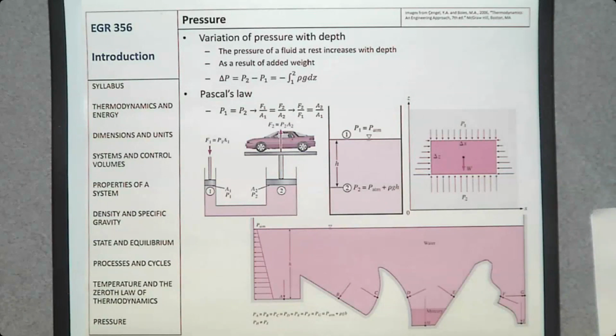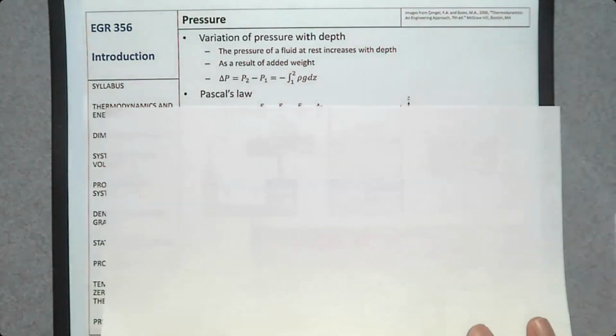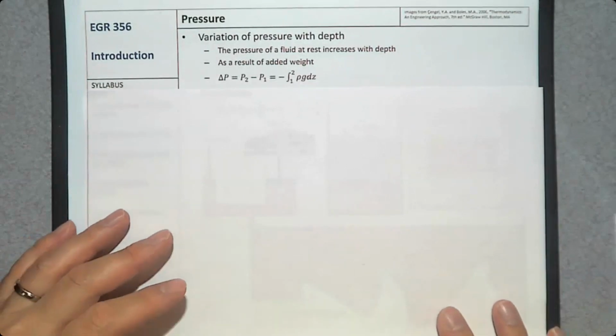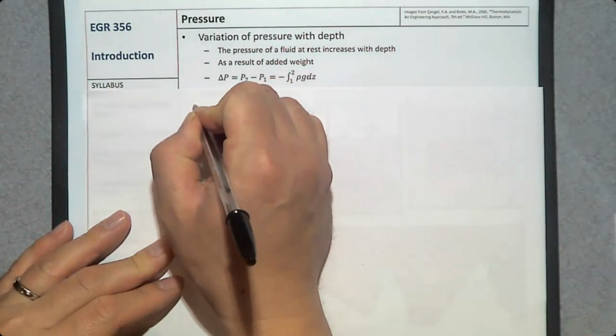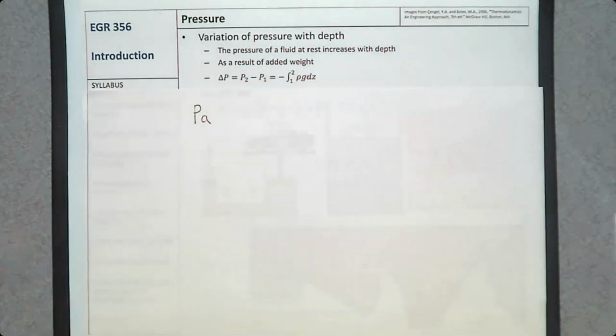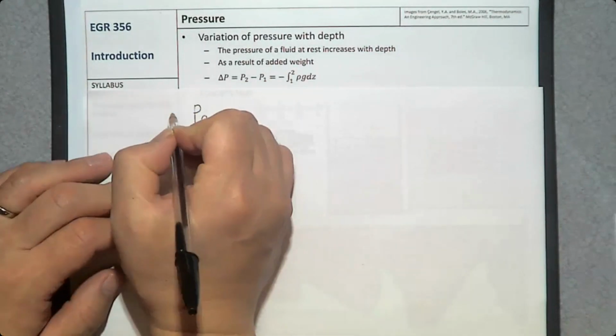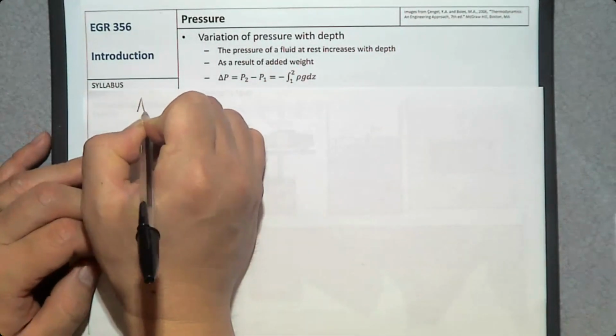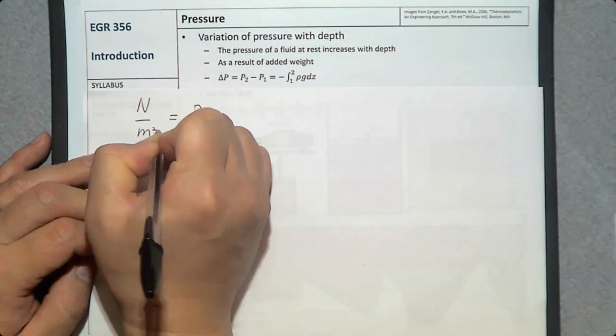Okay, so last Thursday we studied pressure. First, we studied that there are different pressure units. The first one is the SI unit, Pascal, which is Newton per meter square.